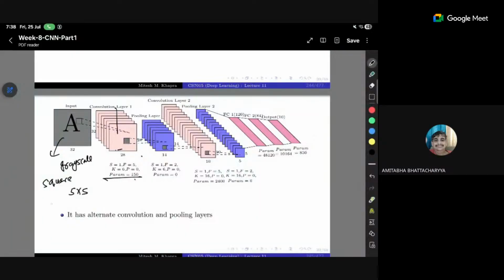Nobody uses them. So square filters are what we will use. So 5 cross 5 coming from there, and such 6 filters I'm using, right? So using that, how many parameters are going to be there? 150, right? So that's why this 150 is coming in, because I'm using such 6 filters.